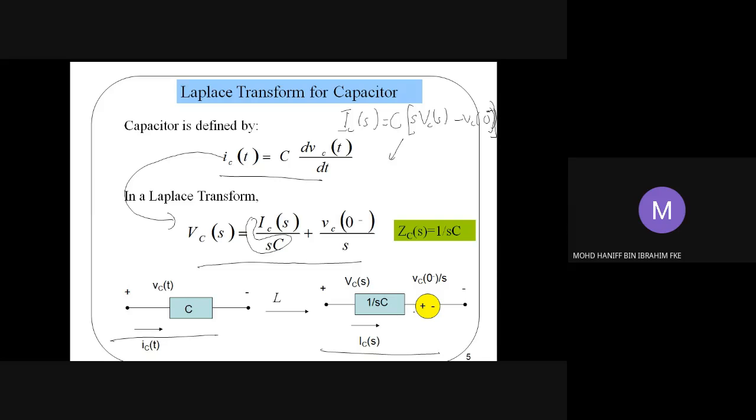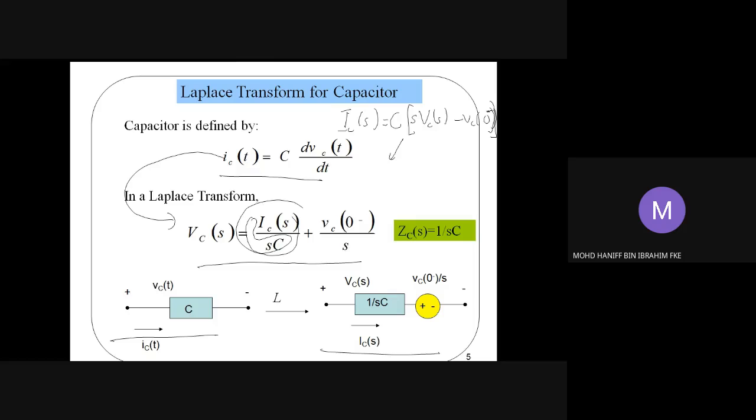The first is the voltage drop 1 over sC multiplied by I_C(s). The second component is V_C(0 negative) divided by s, which is a voltage source.